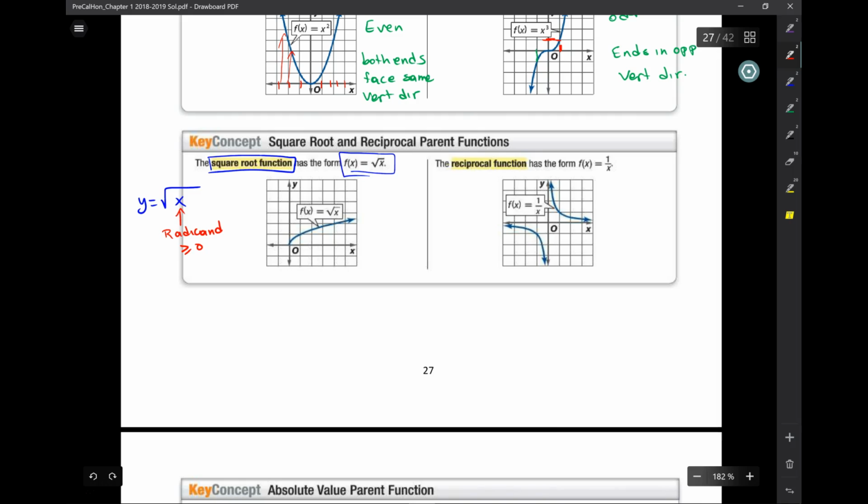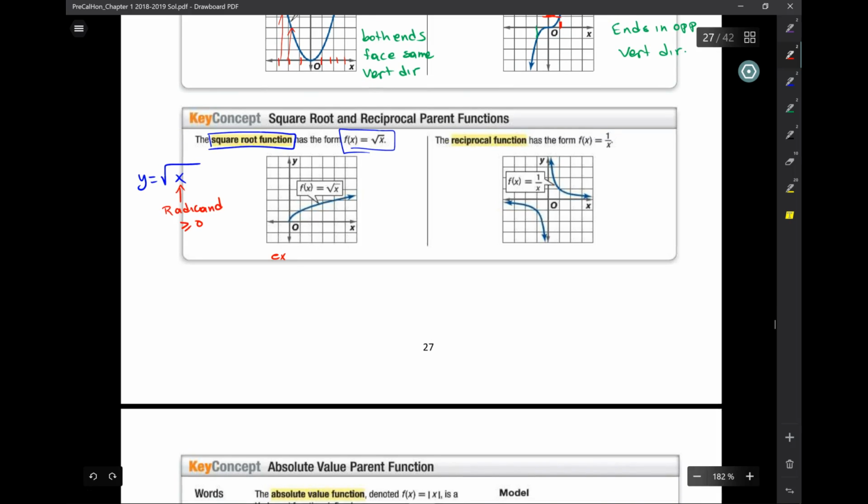Okay, so by definition then, the square root function can't exist over any values of x that makes the radicand negative. Okay, so it can only exist on values of x that make the radicand positive.